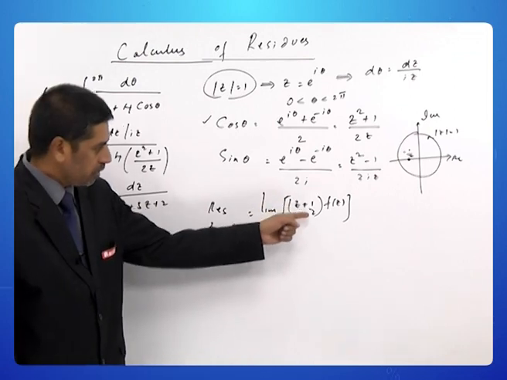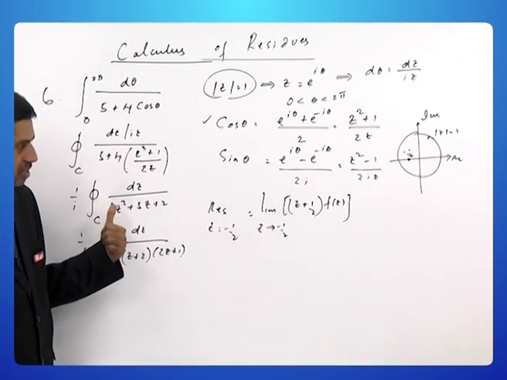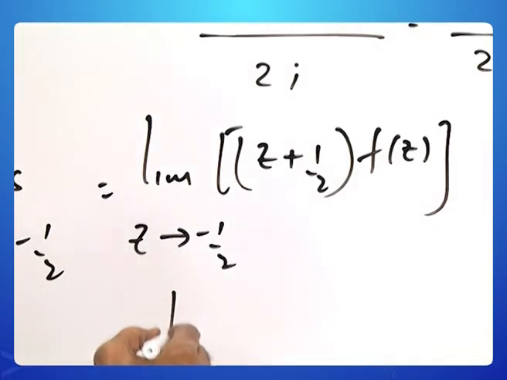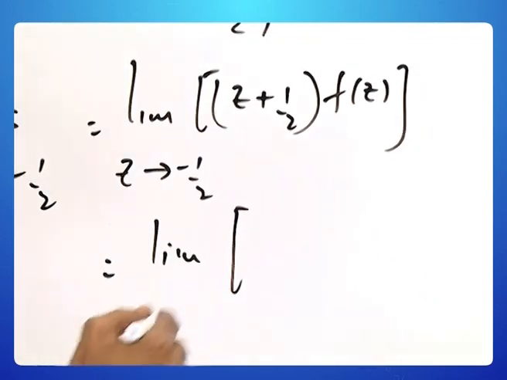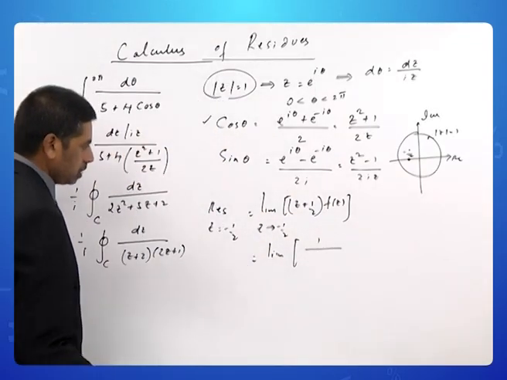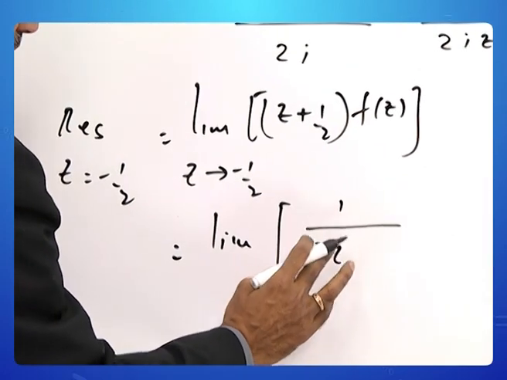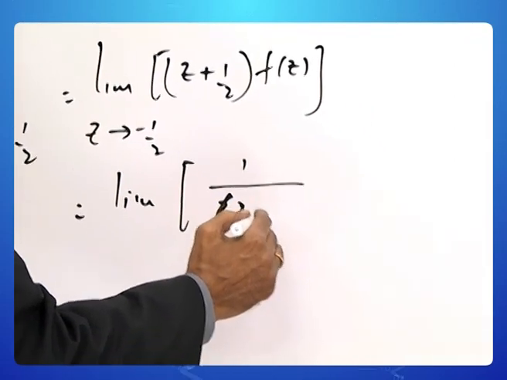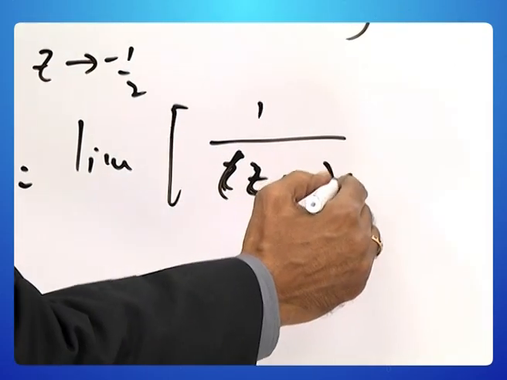Therefore, when you make this 2z plus 1 by 2, the 2z plus 1 will get cancelled, and you will have the limit of 1 by z plus 2 and obviously into 2.